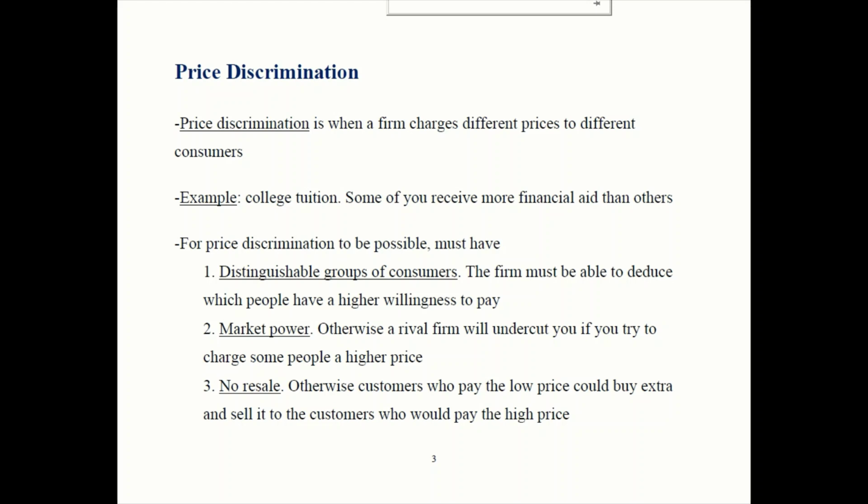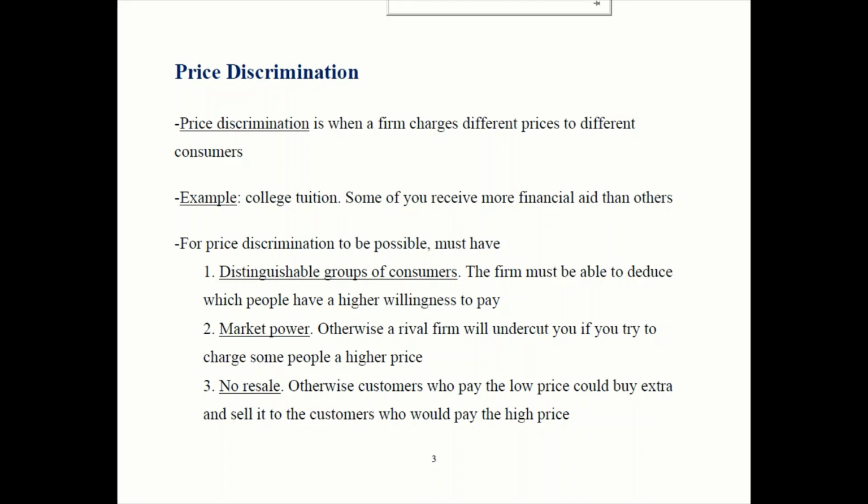So you're paying different rates depending upon what your ability to pay is. The students who have a wealthier family tend to pay higher tuition because they get less financial aid, while the poorer students who come from less advantaged backgrounds tend to get more financial aid and end up paying less. So that's a form of price discrimination, but you might argue it makes things more fair rather than less fair.